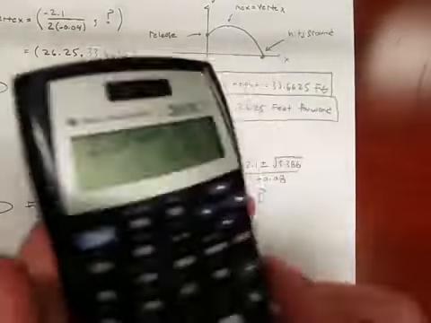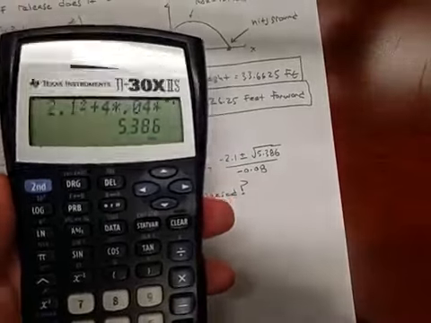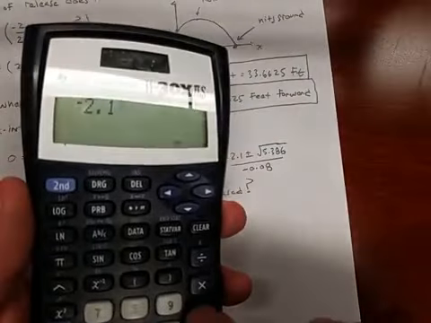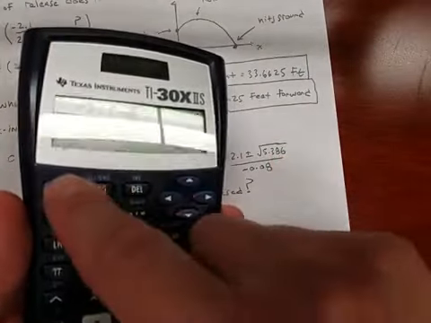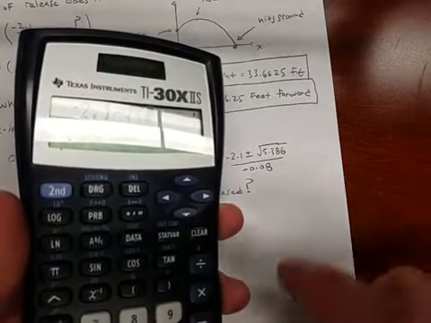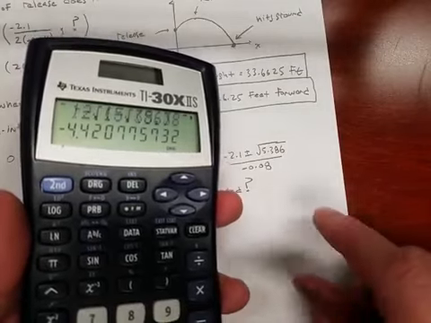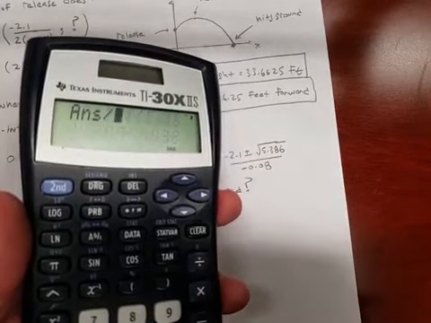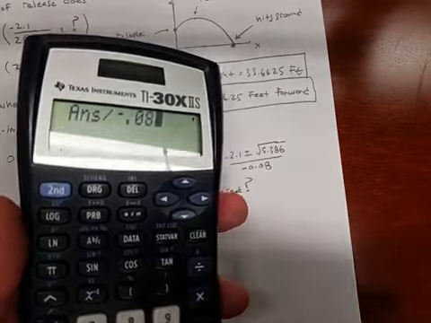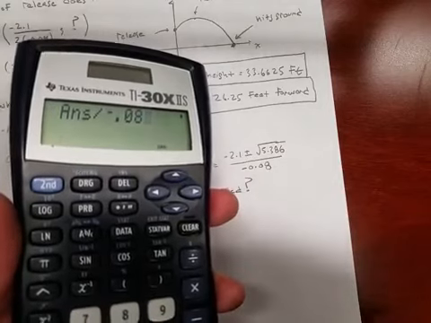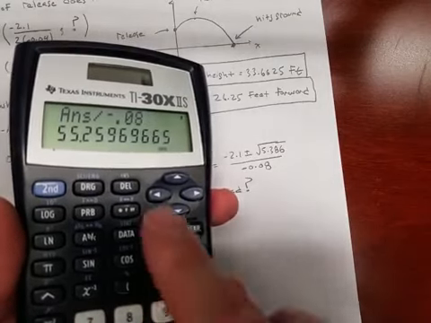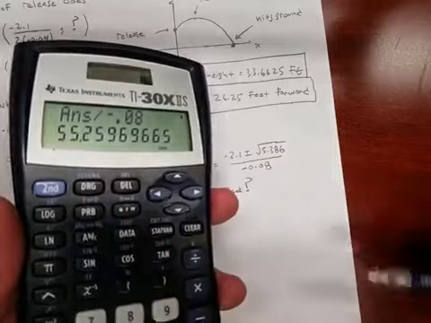Okay. The way I'll find that one is I'll do negative 2.1 minus root 5.386, divide by negative 0.08. All right. And that gives me 55.25, so on.